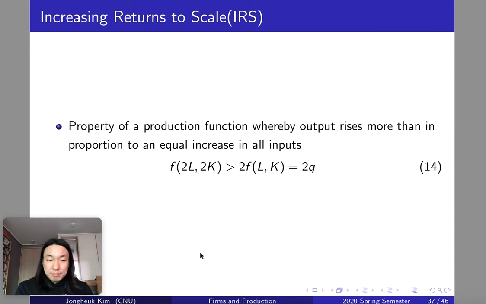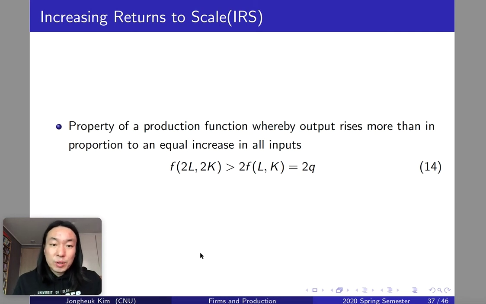Increasing returns to scale. Many students may be confused with the increasing direction and decreasing direction, so be careful about this one. Increasing returns to scale is when, if you increase your inputs by the same ratio, then the output will be larger than the proportional increase of that ratio, the 2 times Q. Which means the economic meaning is that if you increase your inputs by a specific number of times, then the production function mechanism is really efficient.